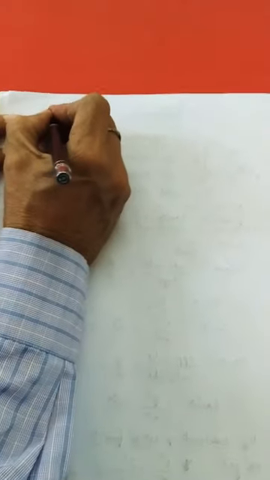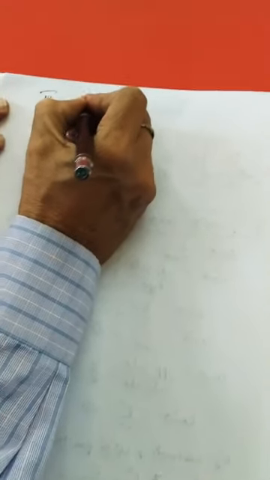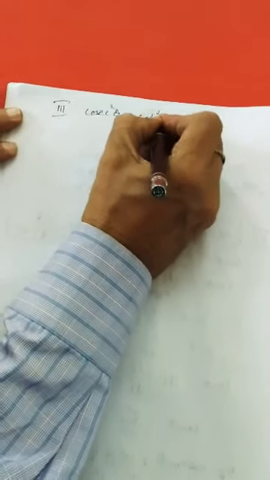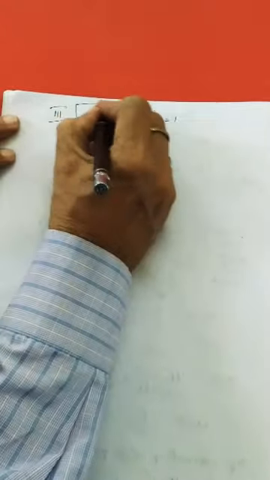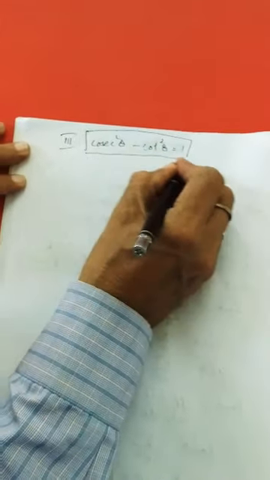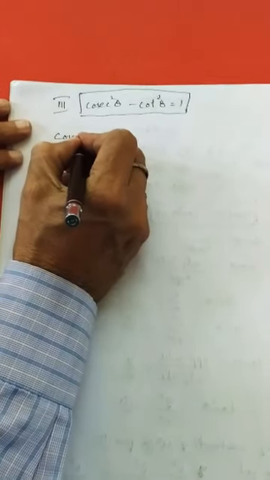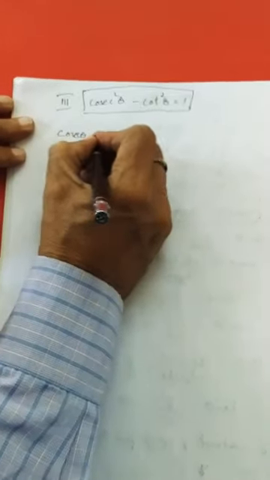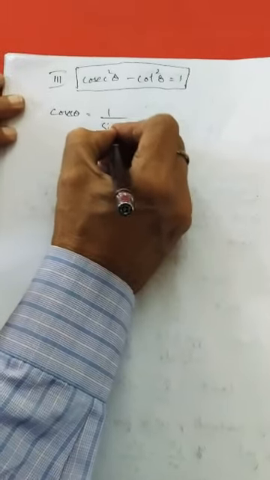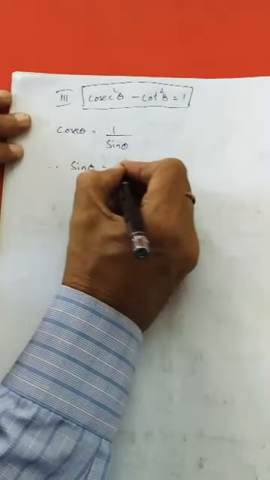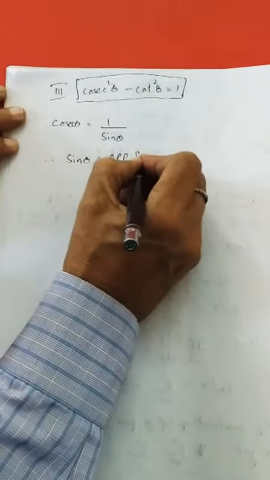Next, we take the third identity, that is cosec square theta minus cot square theta is equal to 1. This is the third identity we are proving now. We know that cosec theta is the reciprocal of sin theta. Therefore sin theta is equal to opposite side by hypotenuse.